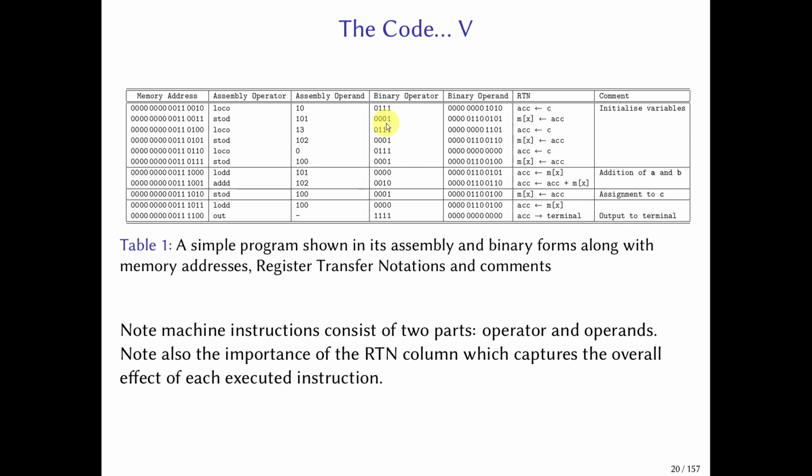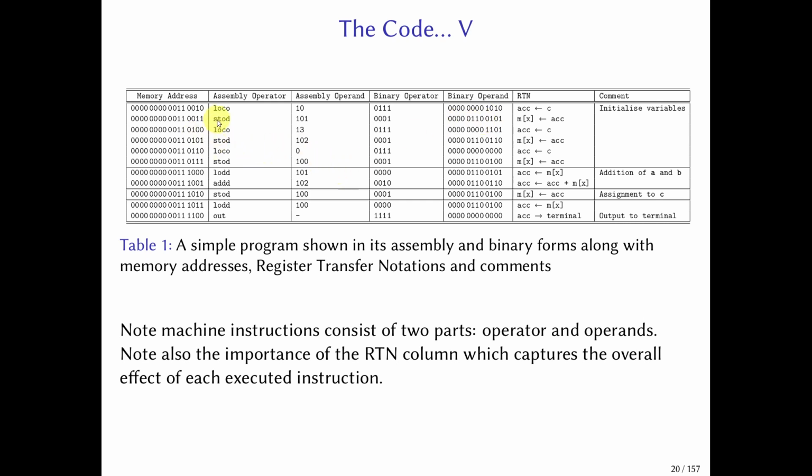So 0001 tells the control unit of the CPU that what we're dealing with is a stod machine code instruction. And then if we examine the remaining 12 bits, and I'm not going to do this manually, but you can take it from me, that 12-bit binary number that I'm highlighting at the moment represents, when it's translated into decimal, the value 101.